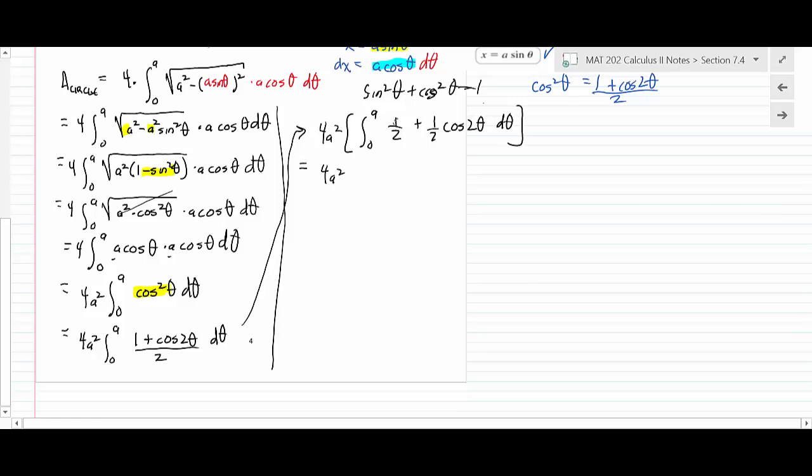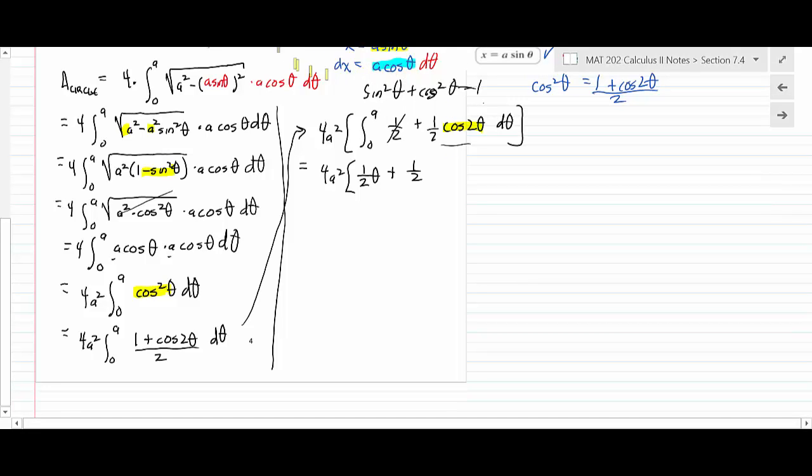What's the integral of 1/2? Now we're talking about theta as our variable. So what do you have? 1/2 theta. Then when we do the next part, we have 1/2. What's the integral of cosine 2 theta? 1/2 sine 2 theta, right? If you differentiate a sine, you get a cosine.